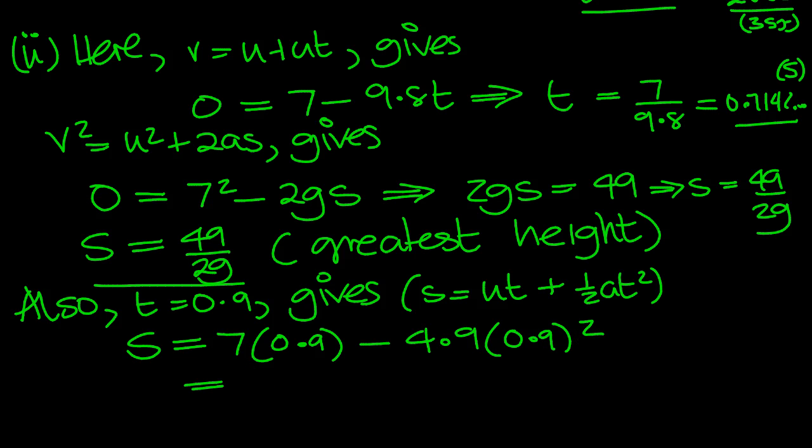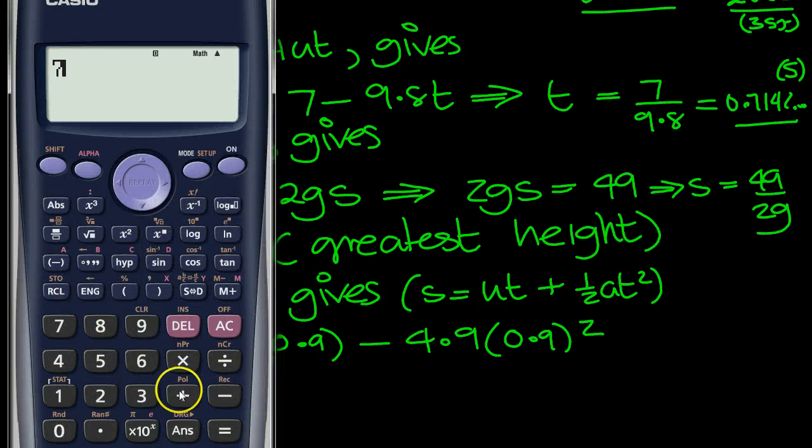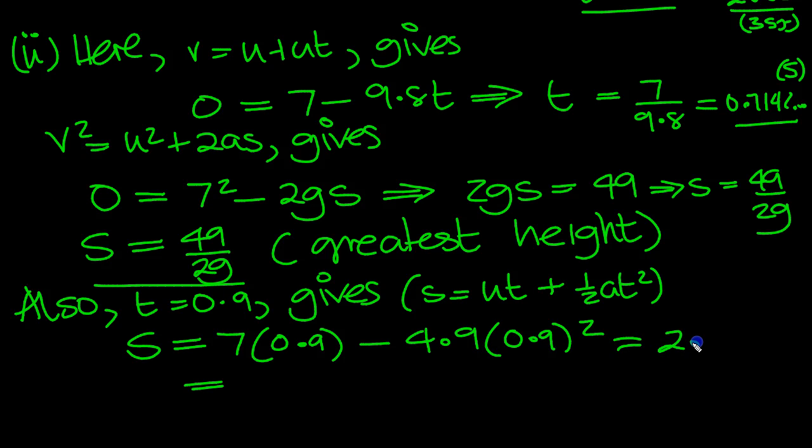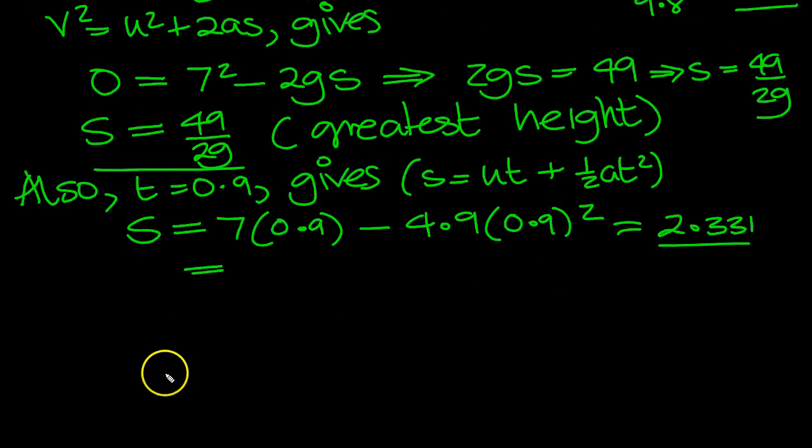So this s, the displacement then, is 7 times 0.9 minus 4.9 times 0.9 squared, which equals 2.331. So there's the displacement.